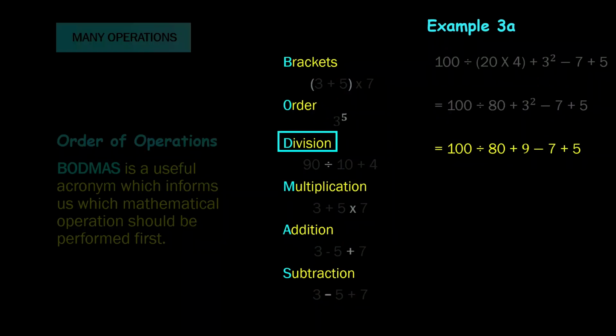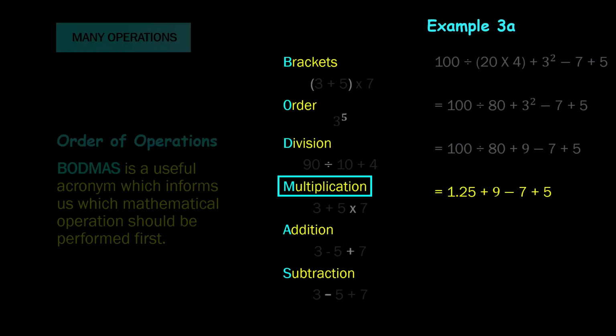Now see if there are any divisions. There is a division, namely 100 divided by 80. This equals 1.25. We substitute 1.25 in place of 100 divided by 80. Now let's see if there are any multiplications.